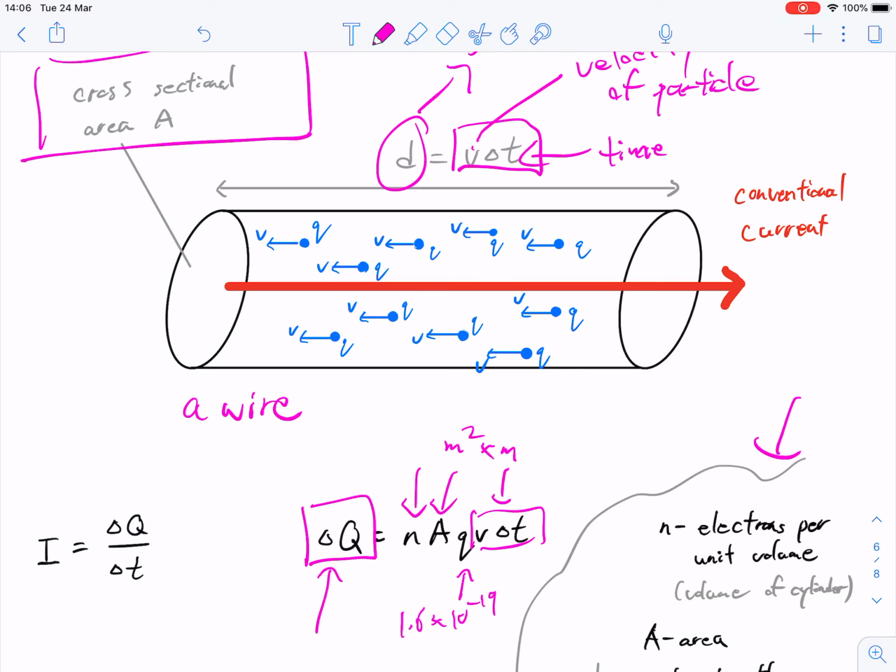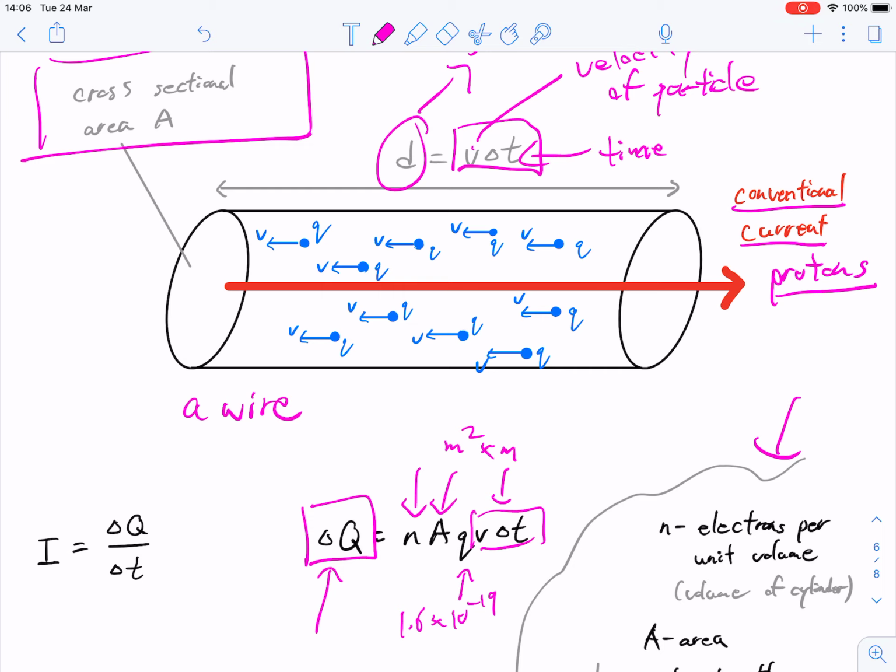Another thing, sorry, this is so jam-packed with so much information, guys. Another thing we want to talk about is something called conventional current. So you might have remembered that the proton was first discovered, hence the word proton, was one of the first atomic level particles that was discovered. So we didn't discover the electron until sometime later. So as a result of that, physicists or scientists first thought that it was the positive charge that was moving.